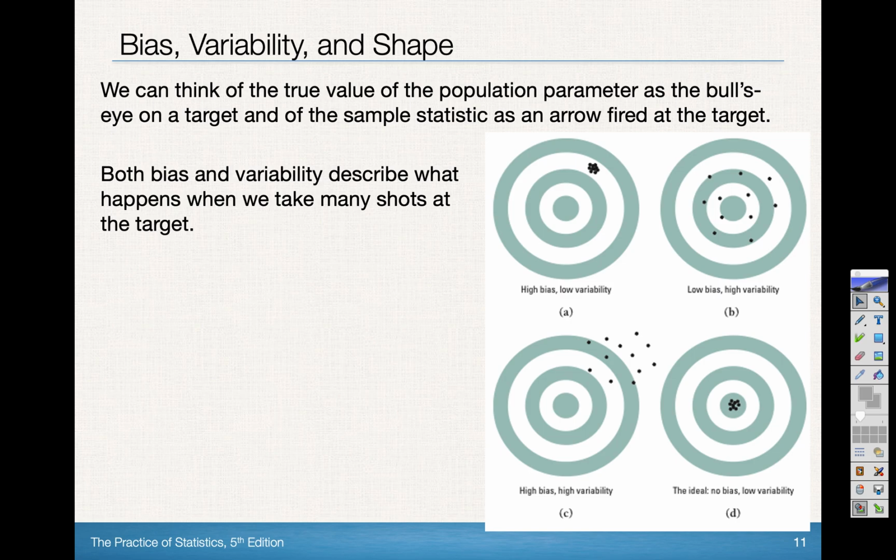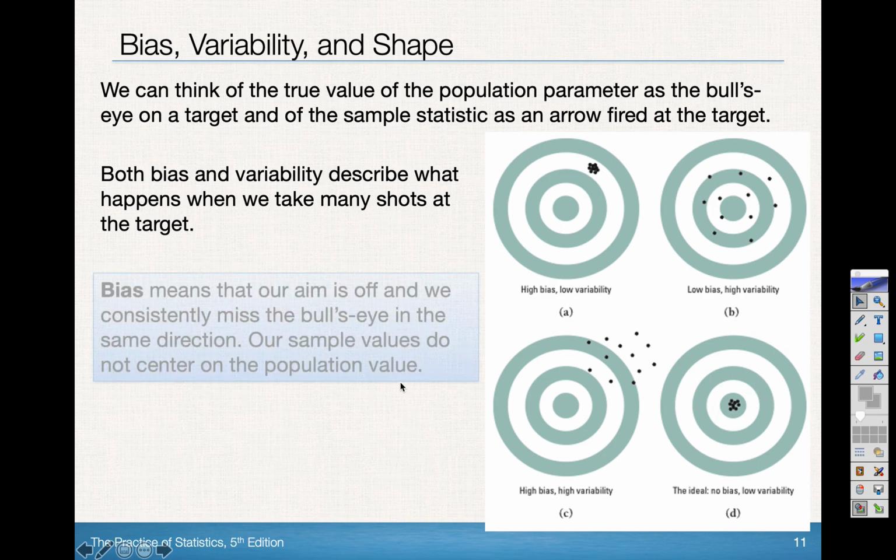And then ideally, you want very low to no bias and low variability, which is what you see in the bottom right corner. That's where I'm taking very good random samples, continuously hitting a statistic that is ideal, and my sample size is large enough that I don't have a lot of variability.